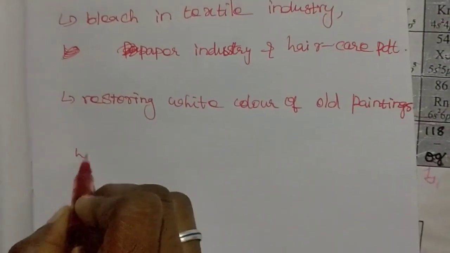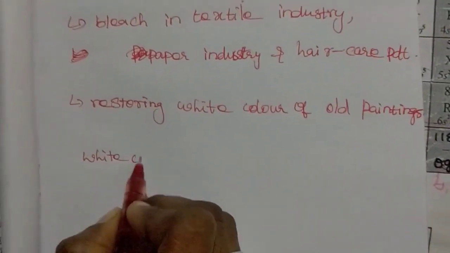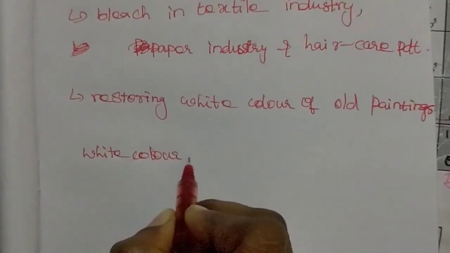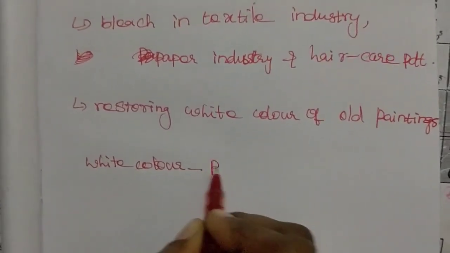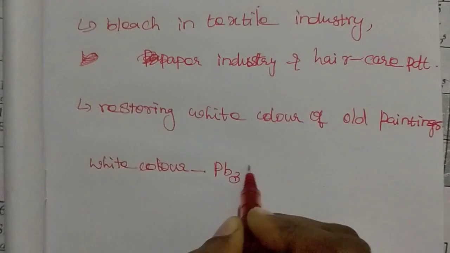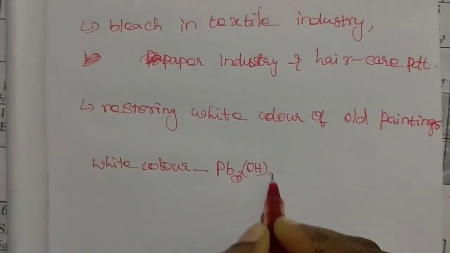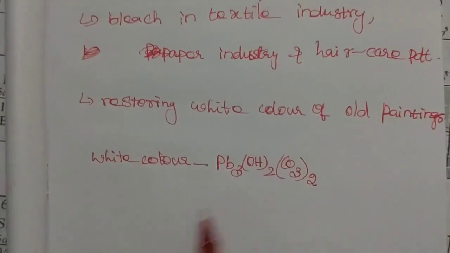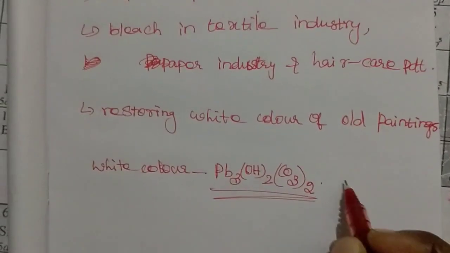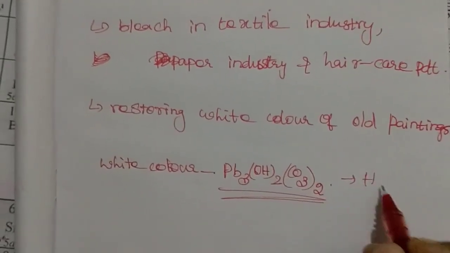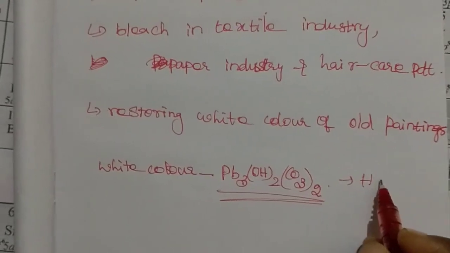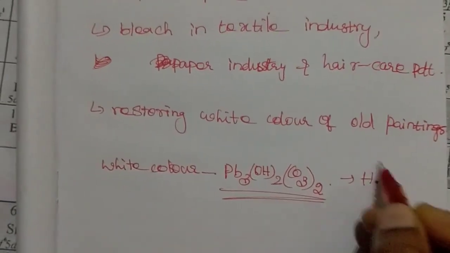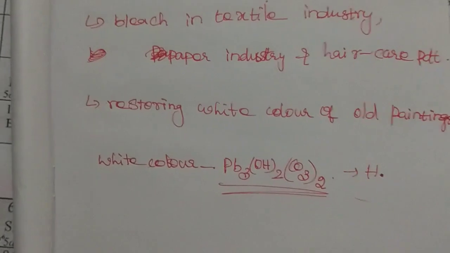The white color of that old painting has the formula Pb3(OH)2(CO3)2. This reacts with hydrogen sulfide, which is present in the atmospheric air.